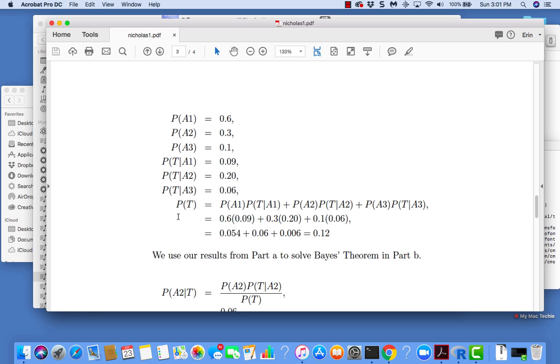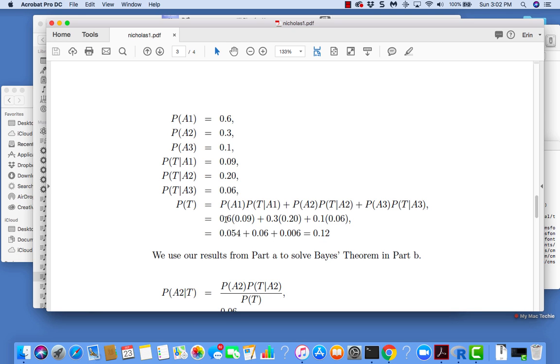So the probability of a tune-up, the total probability, is probability of A1 times probability of T given A1 plus probability of A2 times probability of T given A2 plus probability of A3 times probability of T given A3. So when I do that, that's going to give me my total probability of a tune-up.